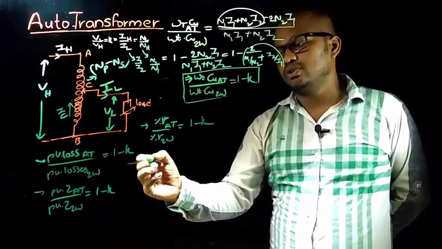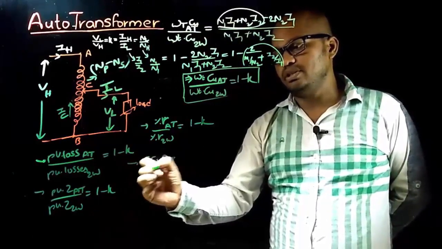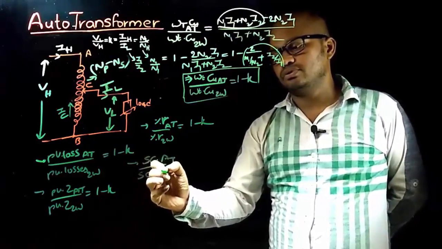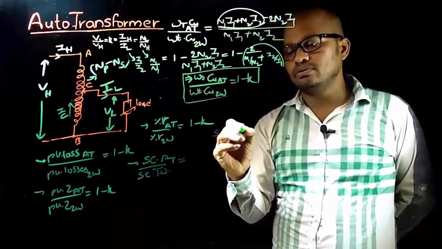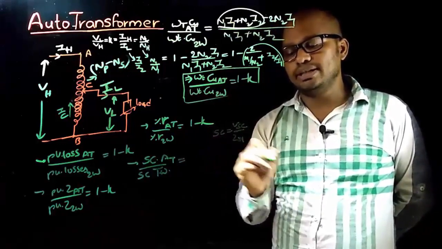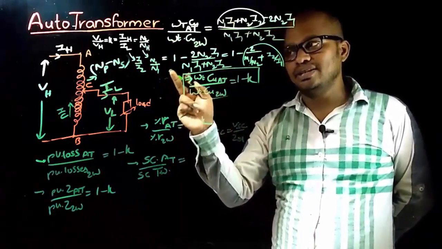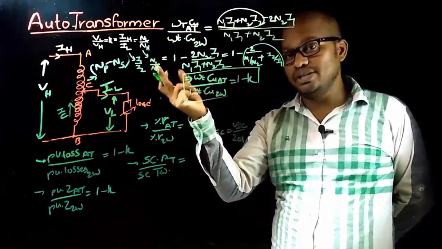And next, short circuit current of autotransformer to the short circuit current of two winding transformer. We know that short circuit current is equal to short circuit voltage by impedance. In case of autotransformer, we decided that impedance is less when compared with the impedance of two winding transformer.